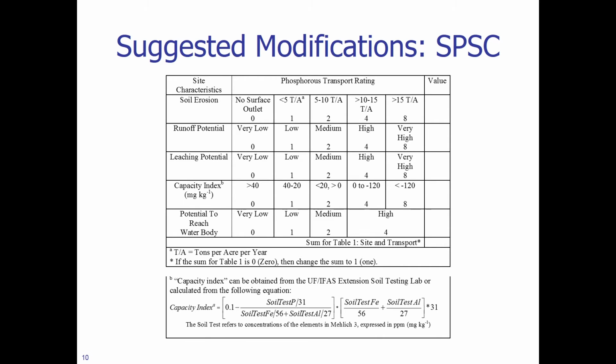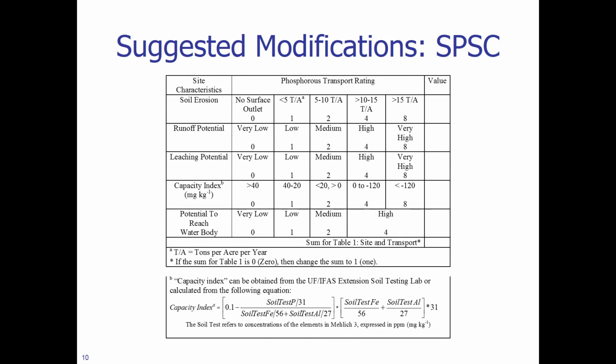As you know, when the capacity index is high, the potential for the P to be released is low. And as the negative capacity increases, it becomes more and more dangerous situation and therefore given a higher rating.